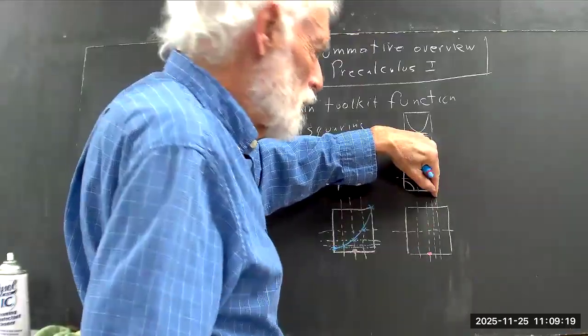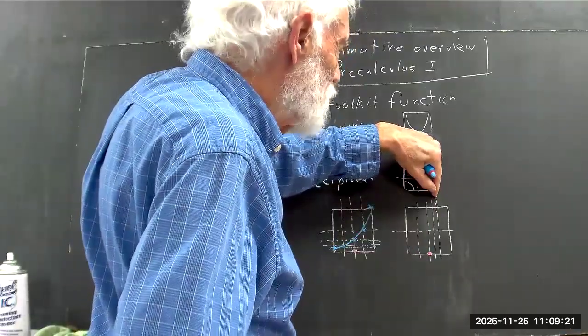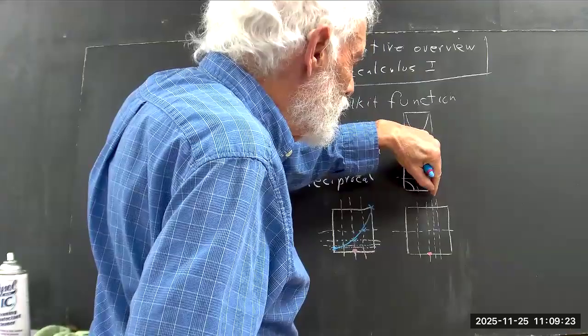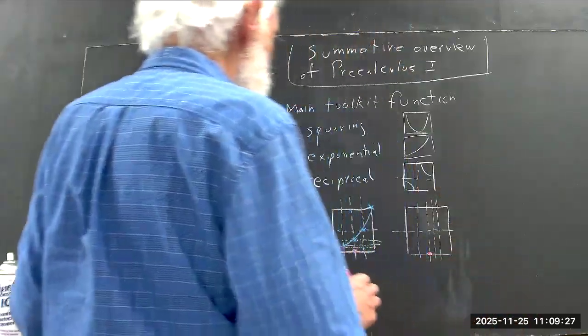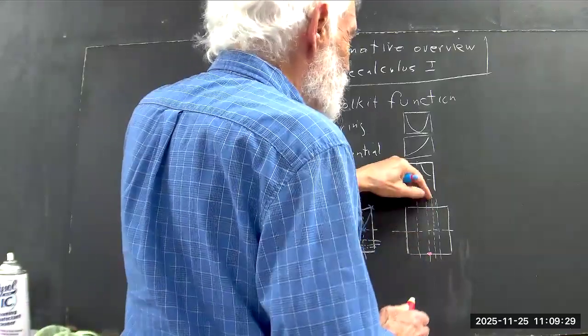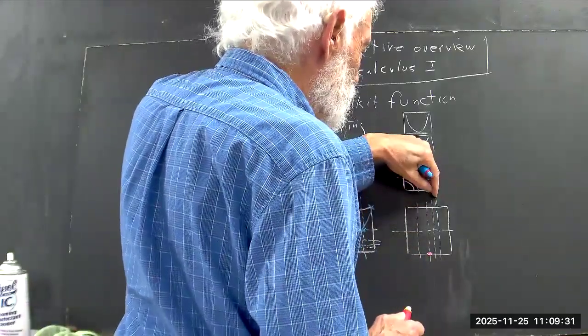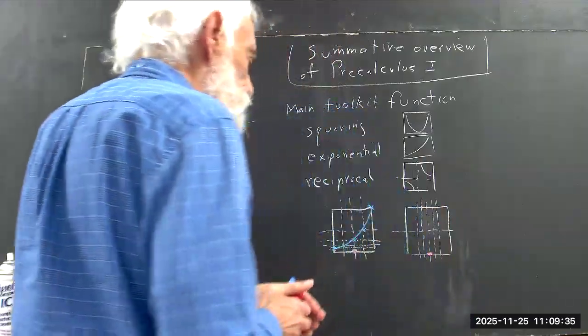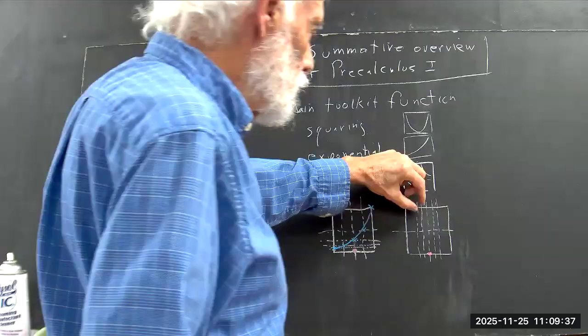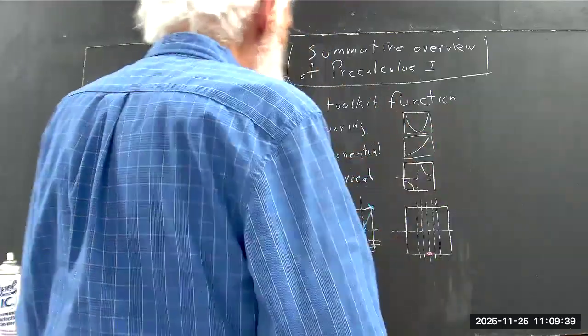I'm going to abandon that sentence. Okay. This line is halfway between this one and halfway here. And we can see that some of these lines are twice as close together as others.